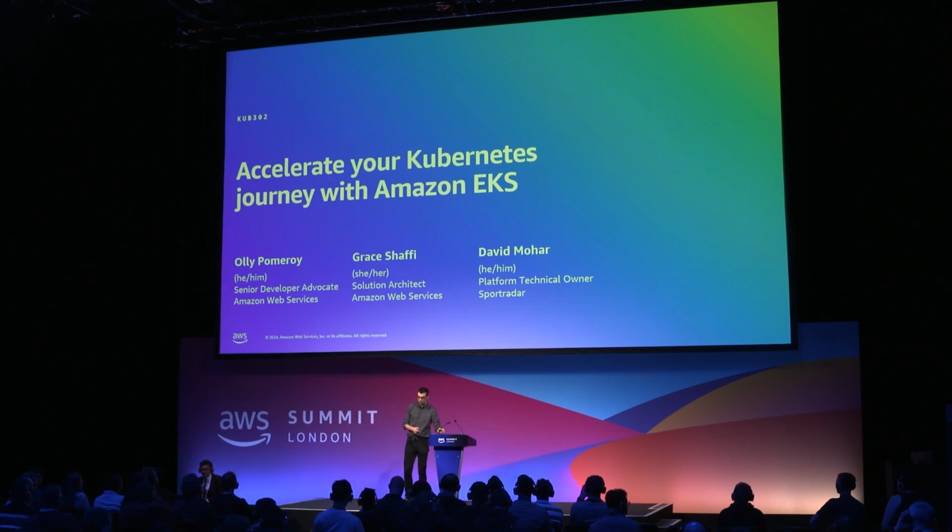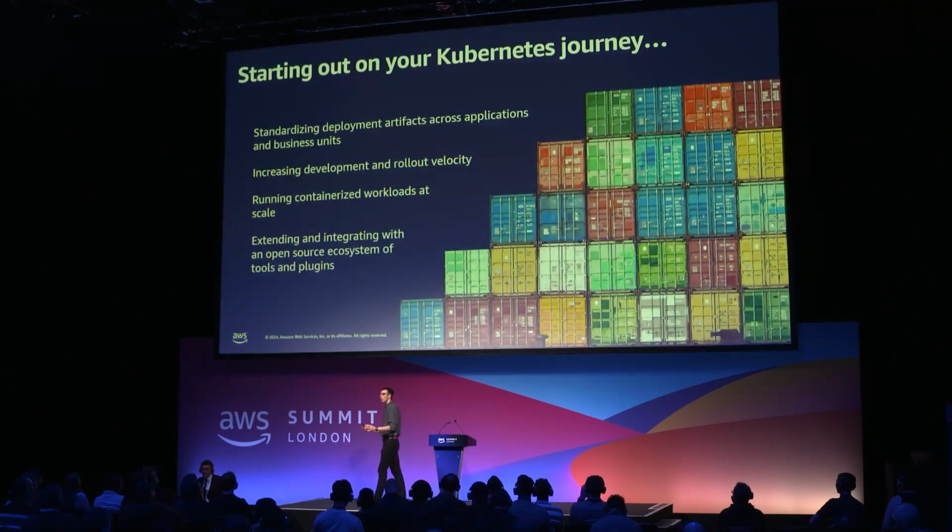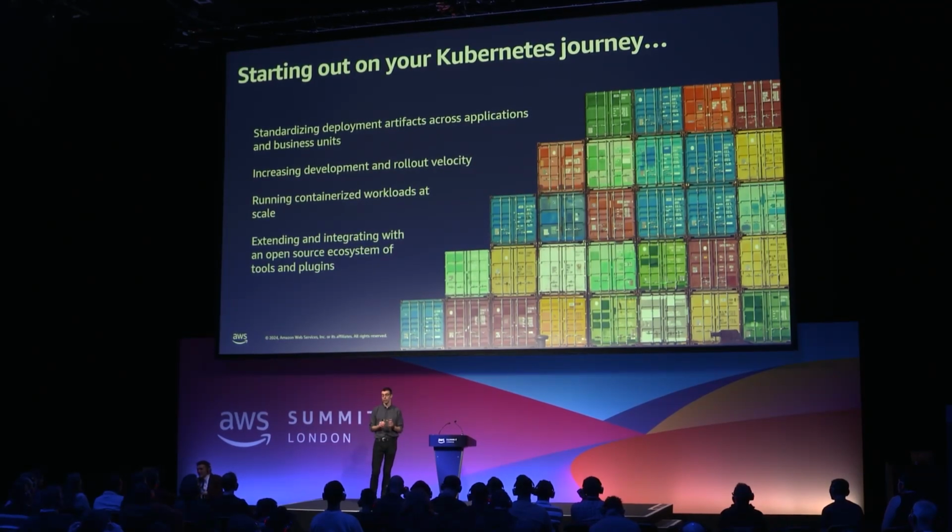So, for those getting started out on your Kubernetes journey, you'll be coming at this from a variety of different ways. The first of which is because you're looking at a way to standardize your application estate. You may be developing new applications as microservices. You may be lifting and shifting applications from on-premise to the cloud.